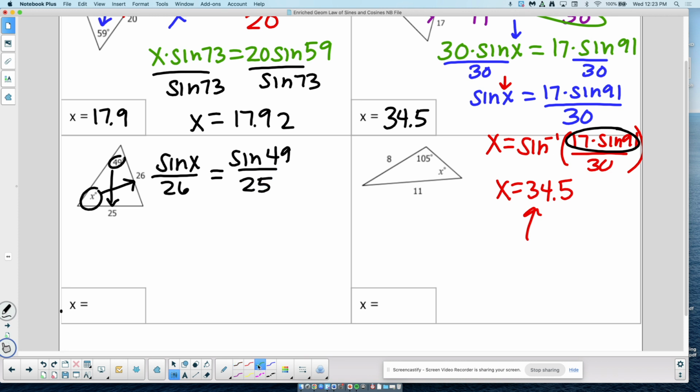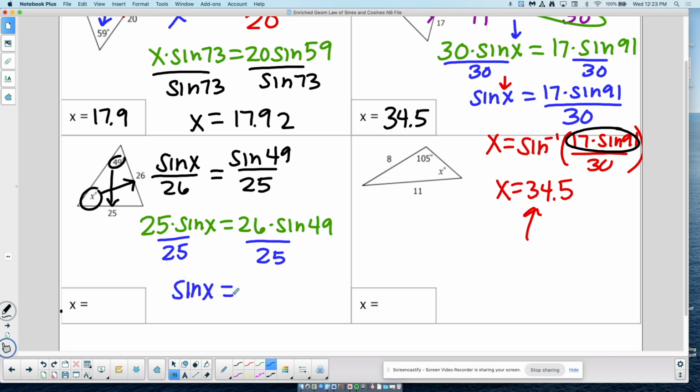Let's cross multiply. 25 times sine of x equals 26 times the sine of 49. You want to get x by itself, so let's divide both sides by 25. So we'll have sine of x equals 26 sine 49 all over 25.